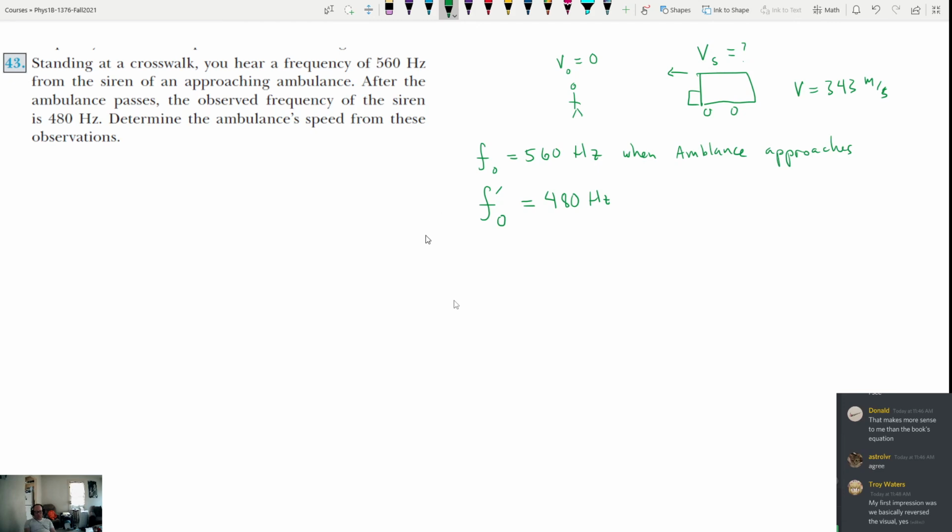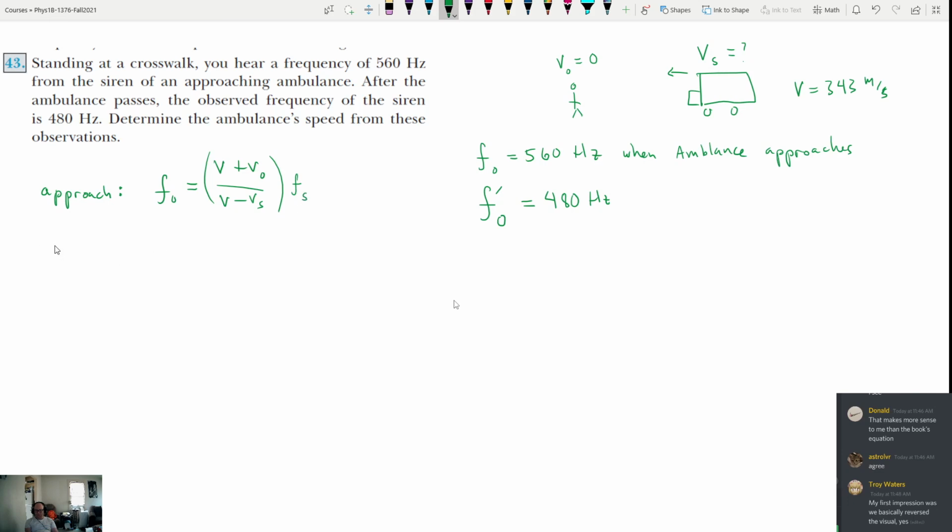Okay. So how do we figure this out? Well, we can write two different equations. One equation we could write is for the approaching situation, where we say that FO is going to be equal to V plus VO over V minus VS times the frequency of source.